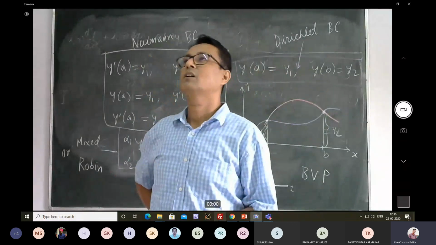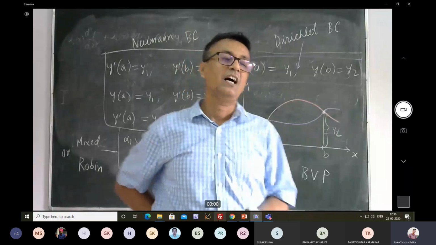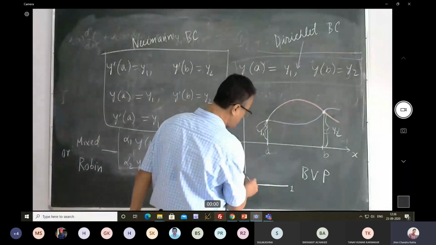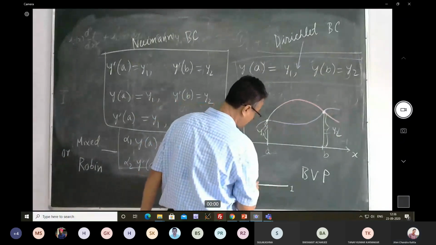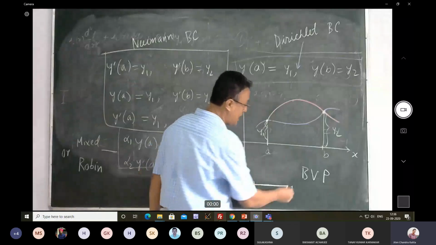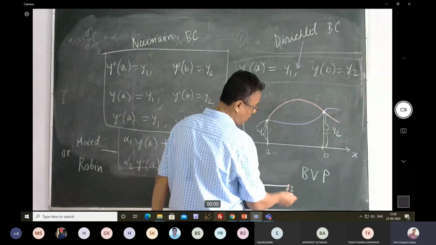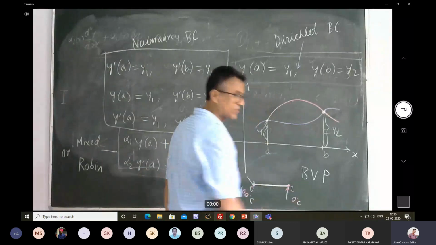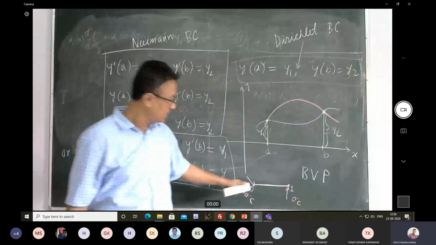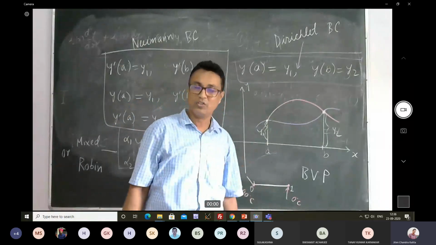Suppose you are heating one end at 100 degrees Celsius, and you are dipping the other in ice cold water, say at 0 degrees Celsius. Then these kinds of conditions represent your Dirichlet boundary condition.